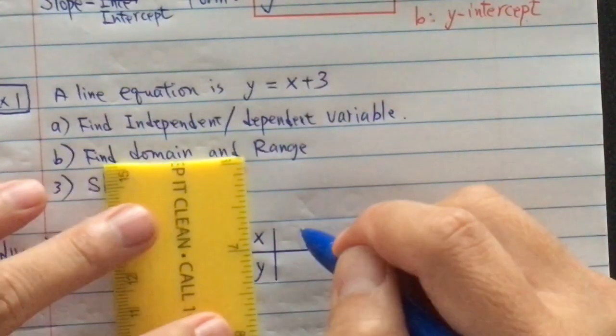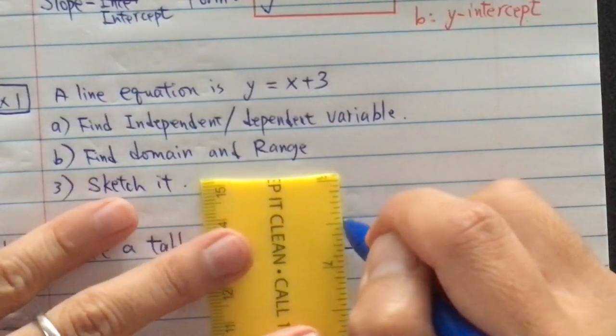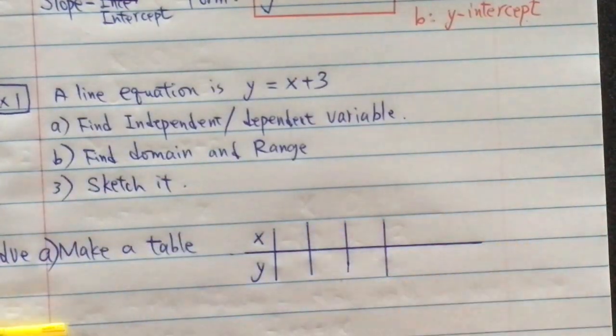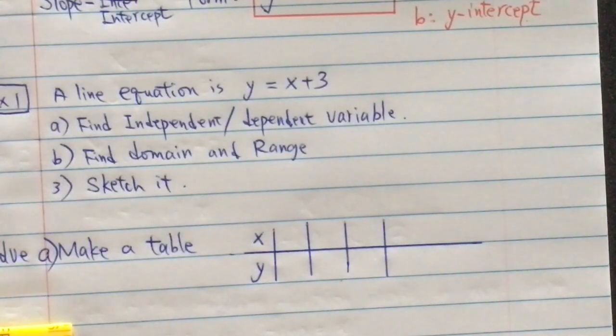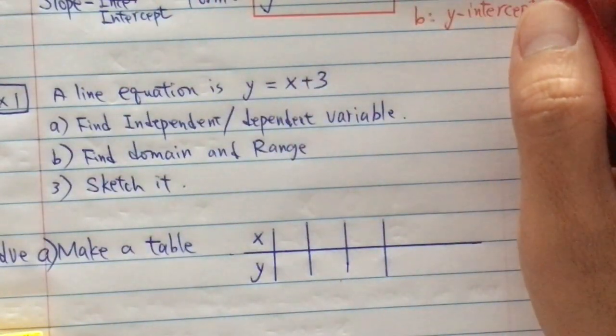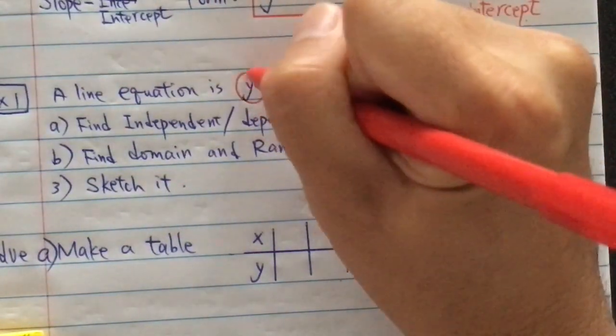Now let's pick 2 groups or 3 groups. Remember yesterday we wrote y as f of x.